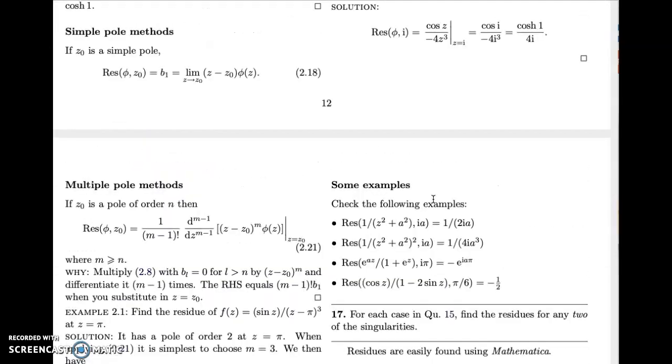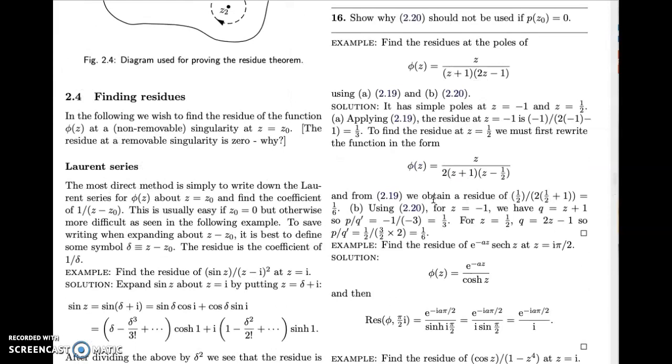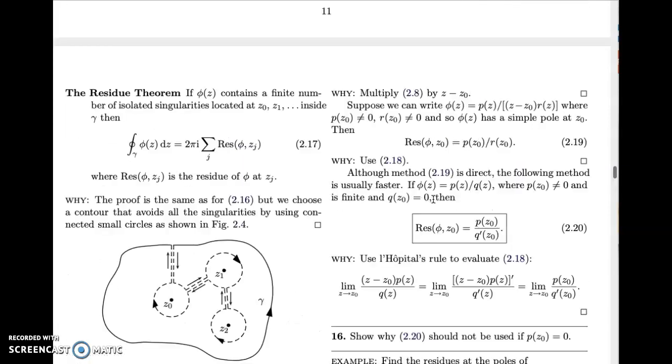This is one particular case where the P over Q dash method is maybe not the best one to use. So I'm suggesting you actually use this one.